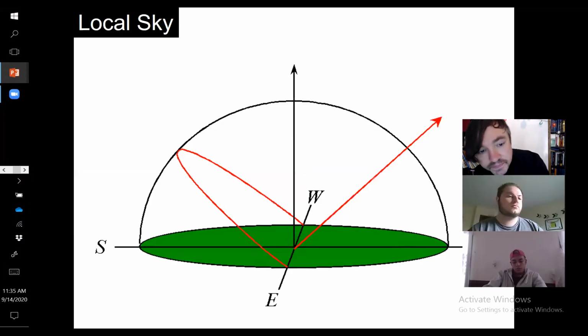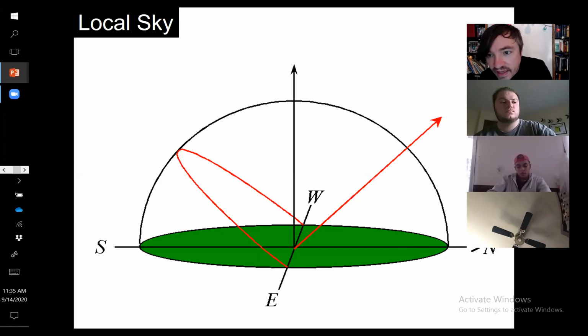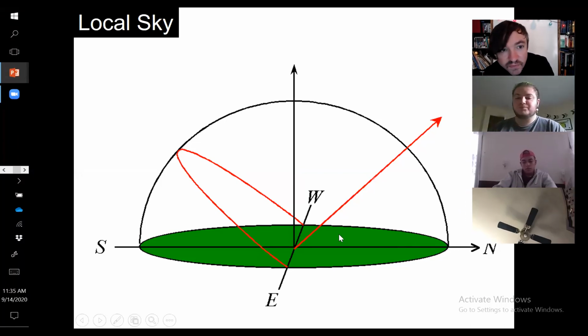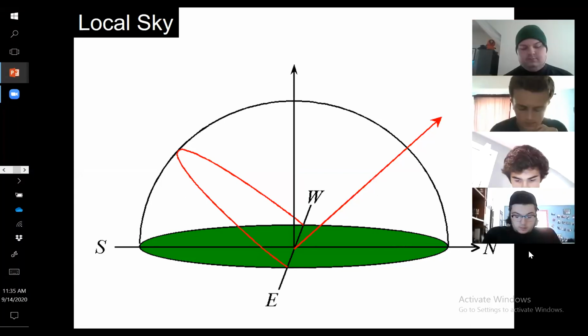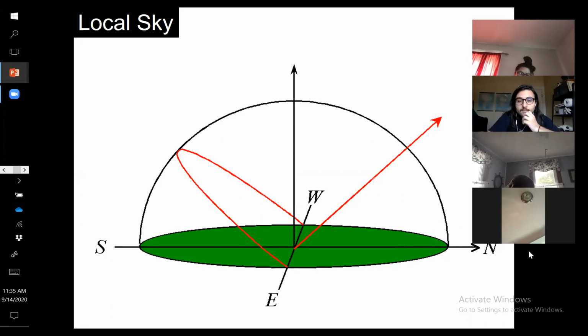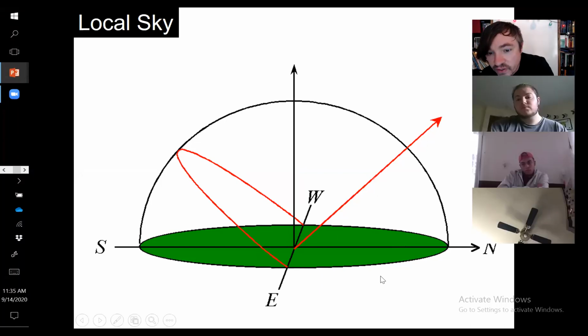This is a 3-dimensional picture of what is called your local sky. Your local sky is the real dome, the sky that you see when you step out at night and look up at the heavens. You could be standing in a grassy field or on a desert, but we're going to ignore any potential buildings or trees that could be blocking the view.